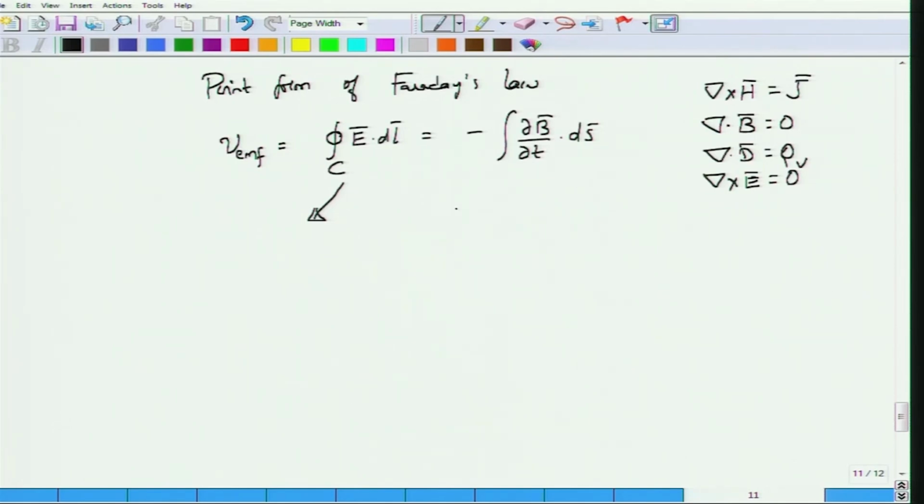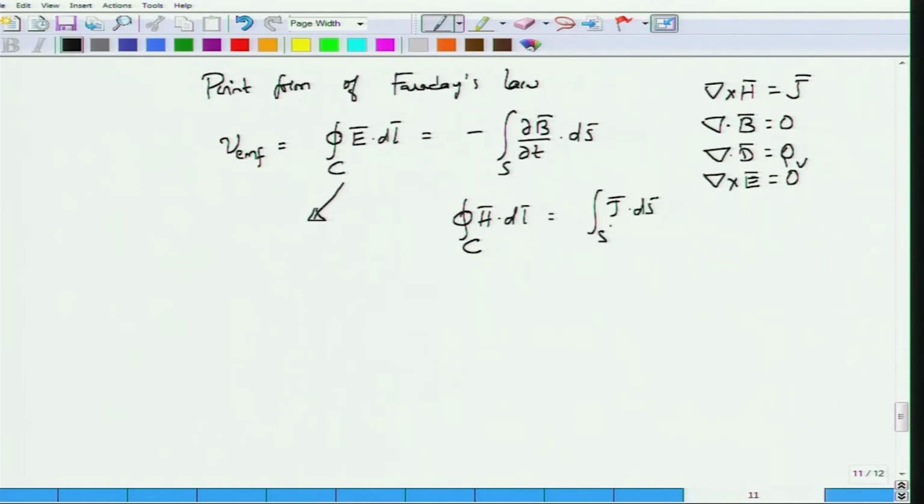I will not develop this one in the detail that we developed it for the magnetic field. Okay. We will go by the analogy between these two equations. In these two equations, the left hand side is a closed line integral of a corresponding vector quantity and the right hand side is an open surface integral. Okay.